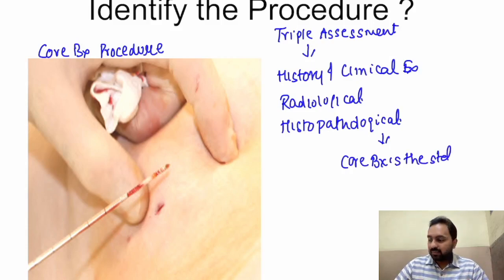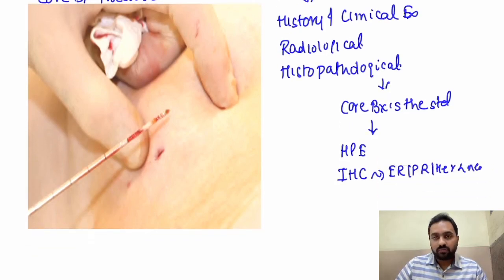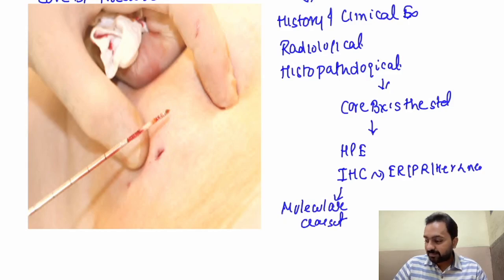So what do we get by doing a core biopsy? We get the HPE, which is your histopathological examination, and immunohistochemistry, from which we can get your ER, PR, HER2/neu, which basically forms the basis of molecular classification.